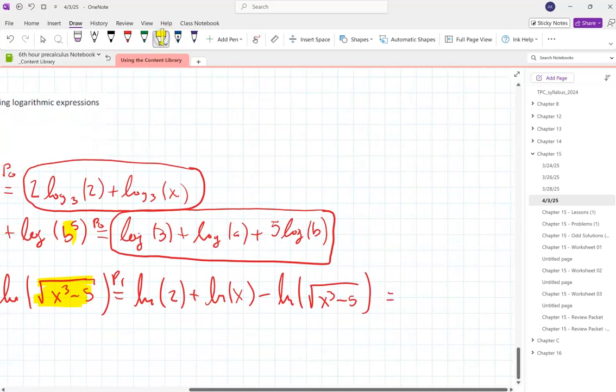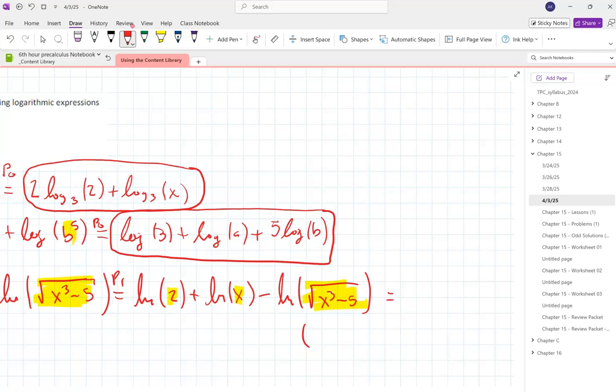Now we look inside of each of the 3 logarithms, and we're going to look for power properties. Do we see any power properties? Where? So there is a power property in the third one, but it's not x to the third. It's the square root. What is the square root the same as?